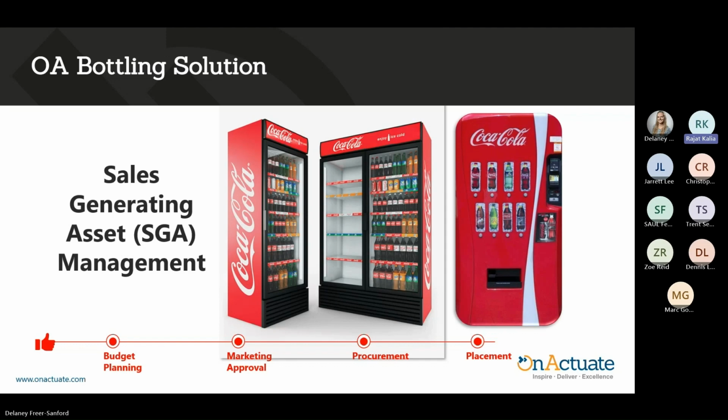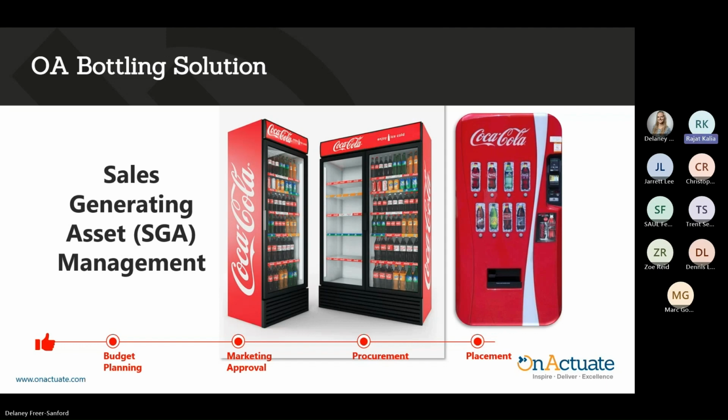Firstly, these assets enable bottlers to store and display their products at the point of sale, increasing brand visibility and awareness. Secondly, by having these assets in retail outlets, bottlers can ensure that their products are kept at optimal temperatures, which helps maintain product quality and freshness. And lastly, they involve huge capital investment.